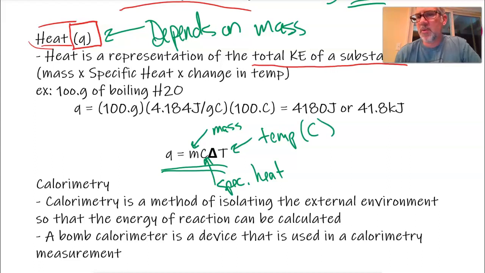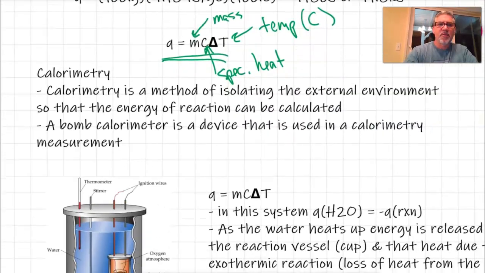When we did gas equations, we used Kelvin, but mostly in chemistry we use Celsius. If you get a temperature in Kelvin, you have to convert it, but most are in Celsius.